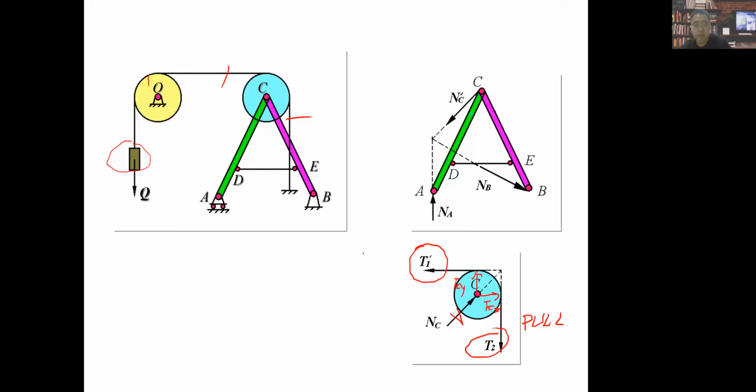This is the one. And second, this time we do not select this one and this one, but we select rod AC, rod CB, and DE as the subpart.